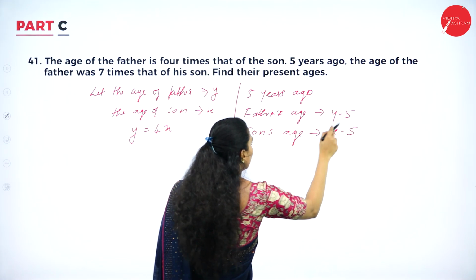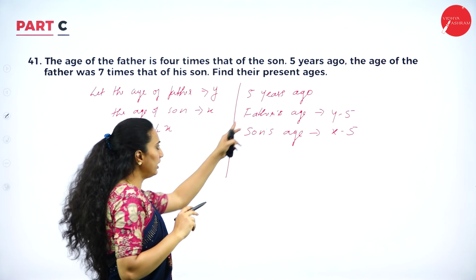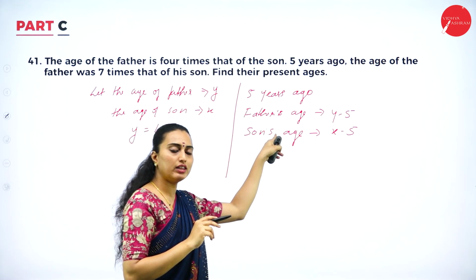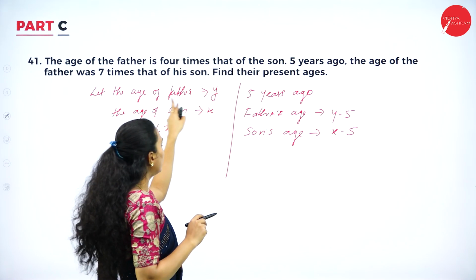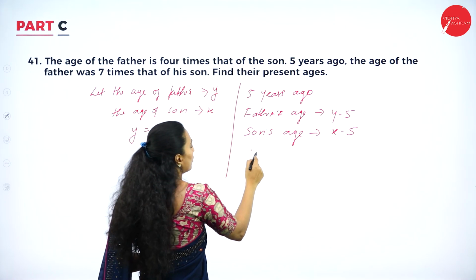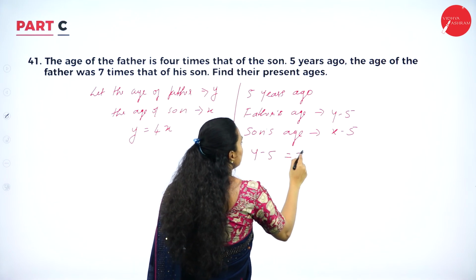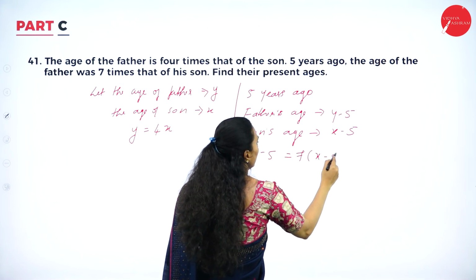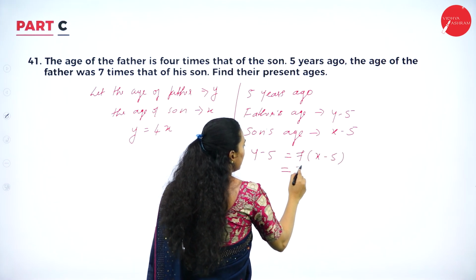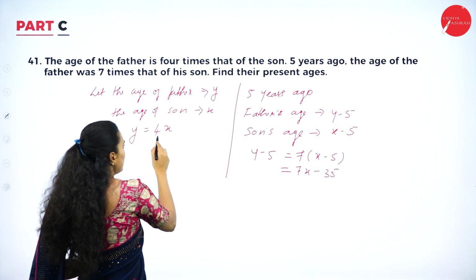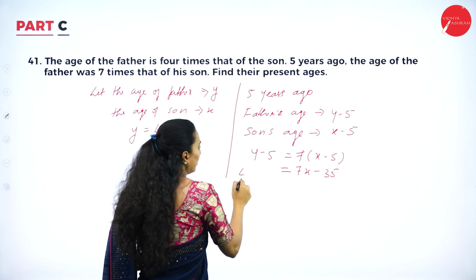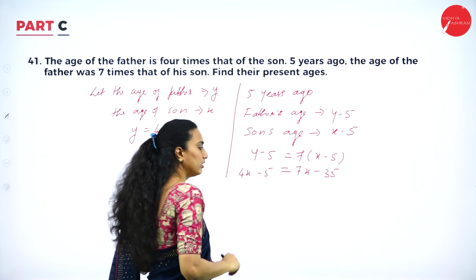So for this condition, what have they given? 5 years ago, this was the age of the father and the age of the son. The age of the father was 7 times that of his son. Now multiply, which will be 7x minus 7 5s are 35. Now you can substitute y is equal to 4x here: 4x minus 5.